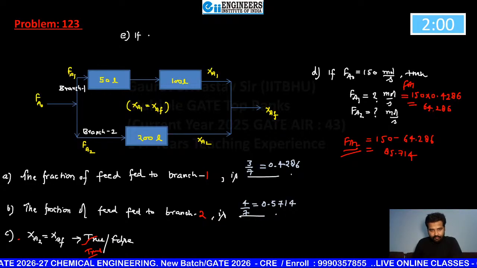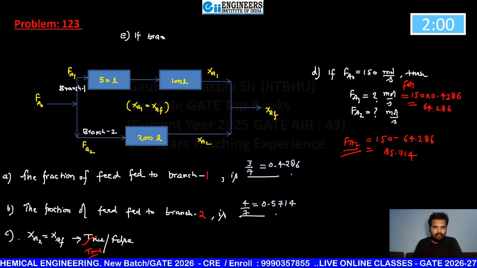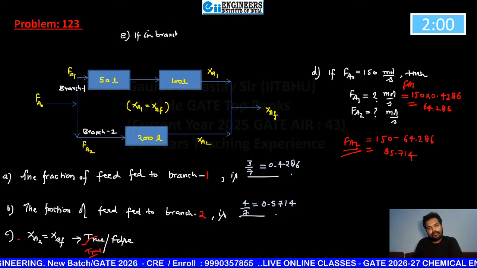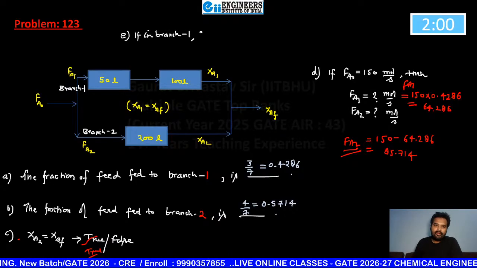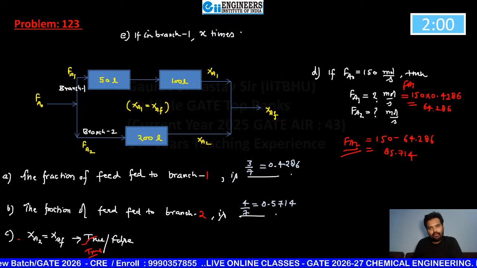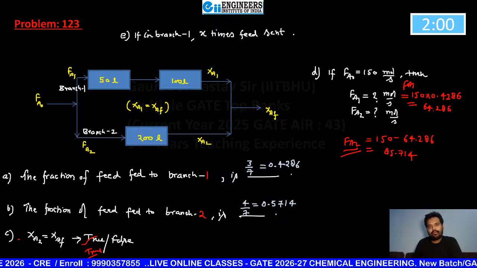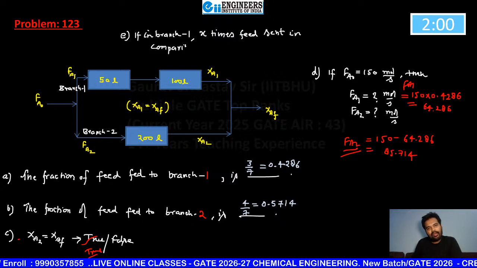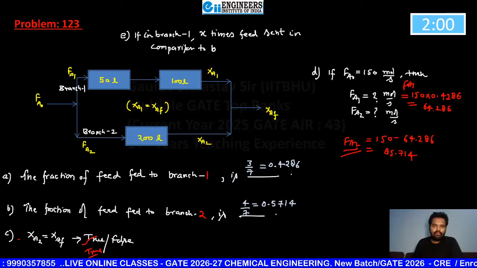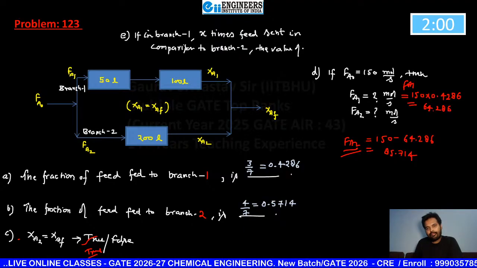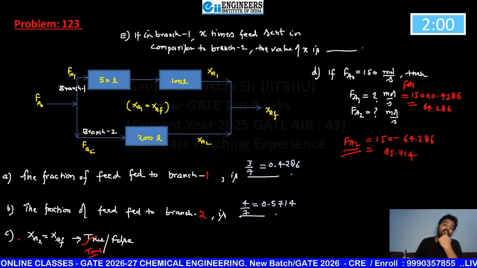Part e: if in branch 1, x times feed sent in comparison to branch 2, the value of x is. जल्दी बोलो, लास्ट क्वेश्चन। The value of x is.